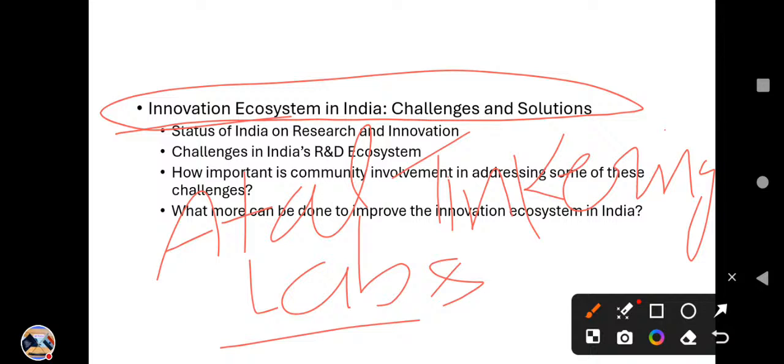Okay, various challenges like challenges in India's research and development ecosystem. We are discussing innovation, so the research and development ecosystem is very important in the innovation system. What are the challenges?